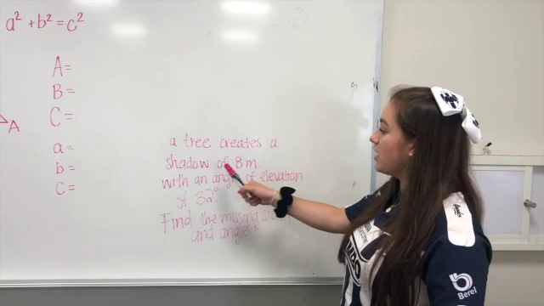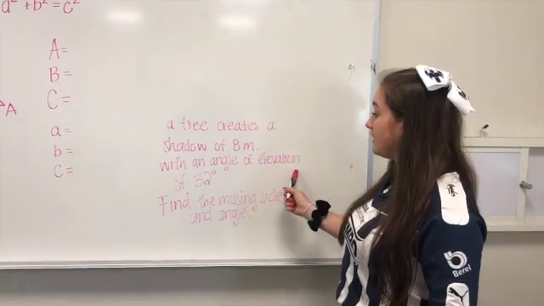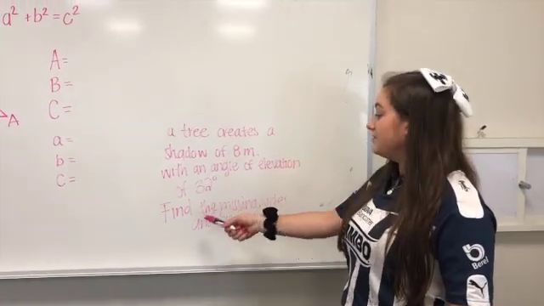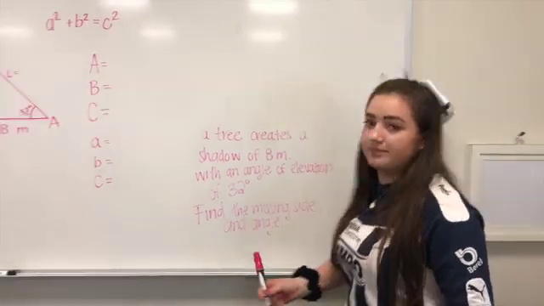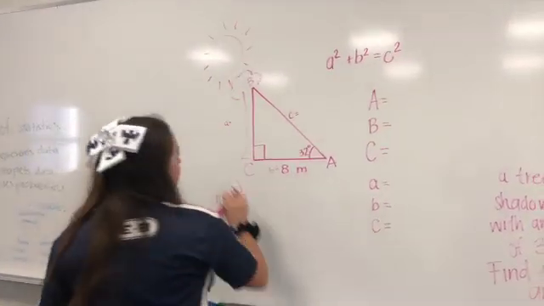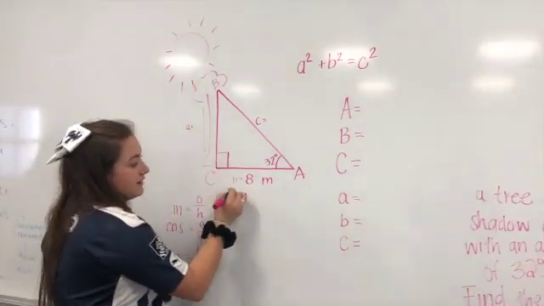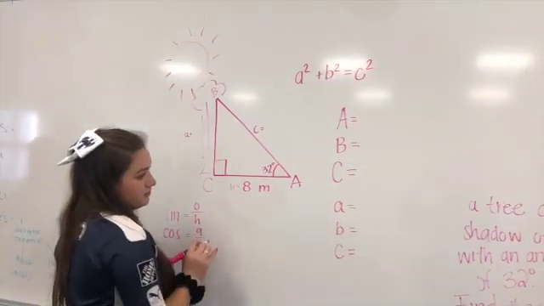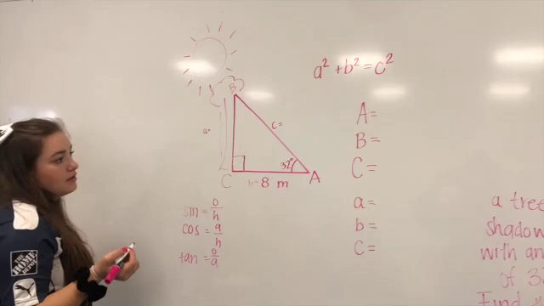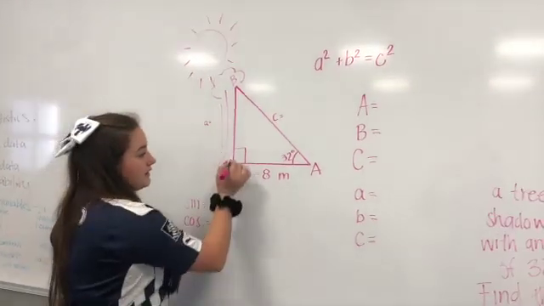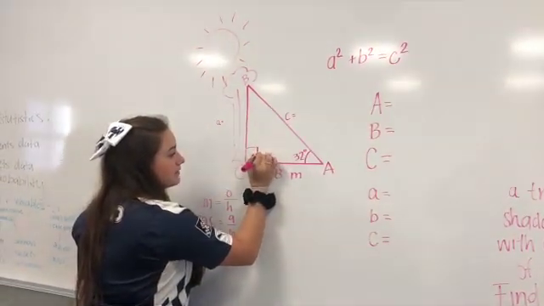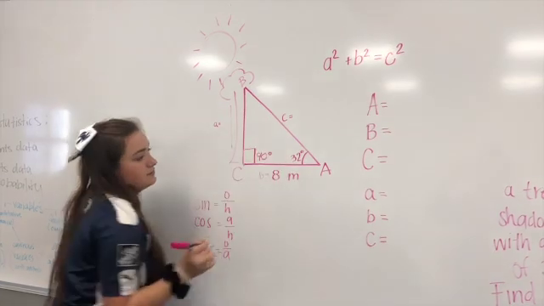A tree creates a shadow of 8 meters with an angle of elevation of 32 degrees. Find the missing sides and angles. Here we have the tree. We don't know how long it is, but we know that it creates a shadow of 8 meters. How can we get it? First, we know that this angle is a right angle, so it is 90 degrees.